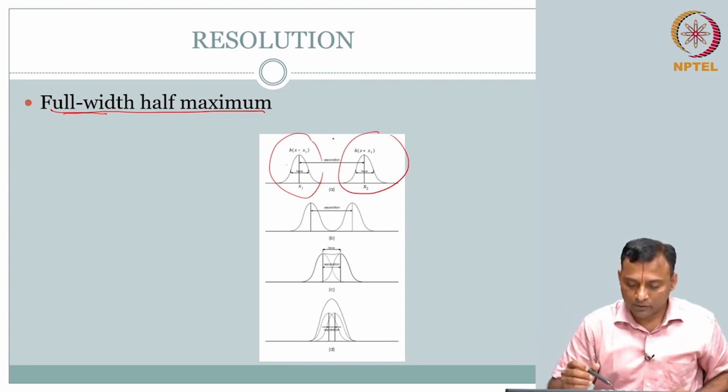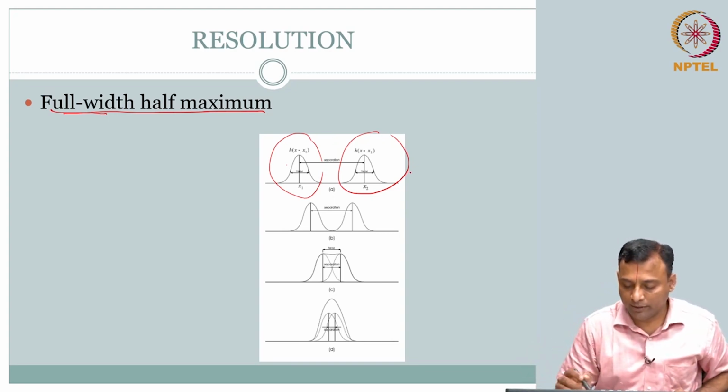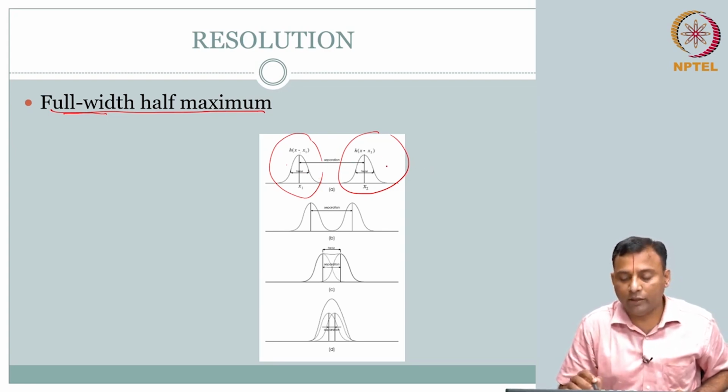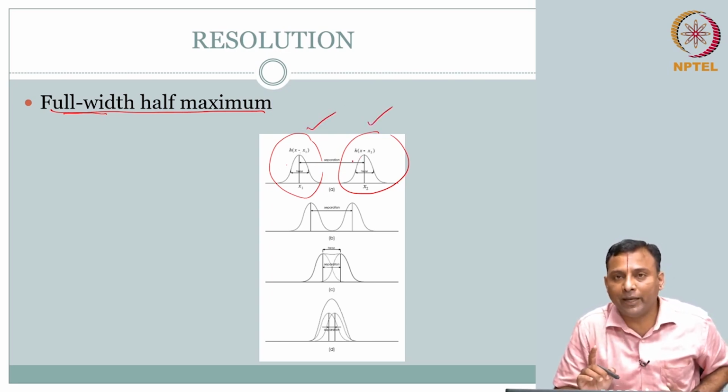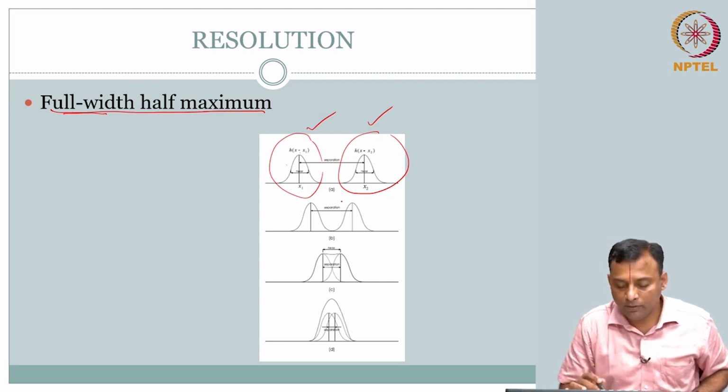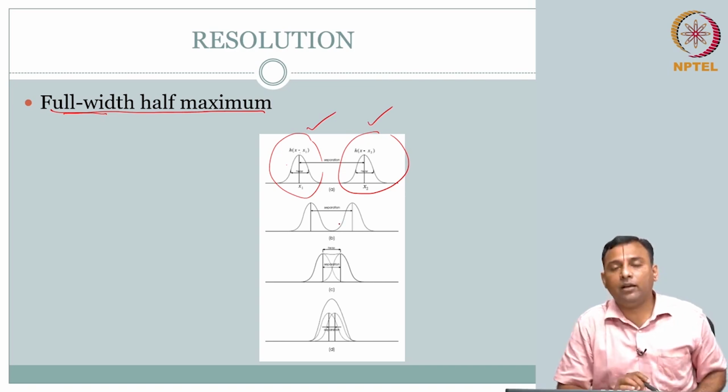So, that is what is shown here. If they are able to separate, then there is no problem, this is resolvable. So, if you are able to make a threshold on the separation and say the separation allows me to differentiate these two as two different objects, then that is resolvable. Here again the separation is sufficient for us to say there are two hills.